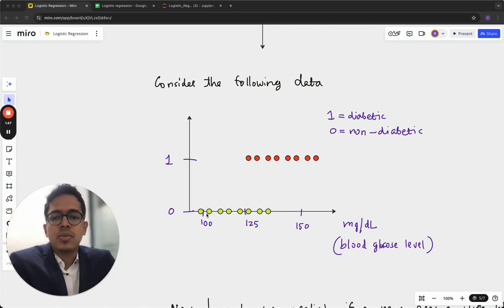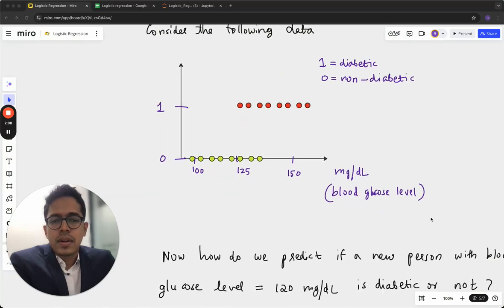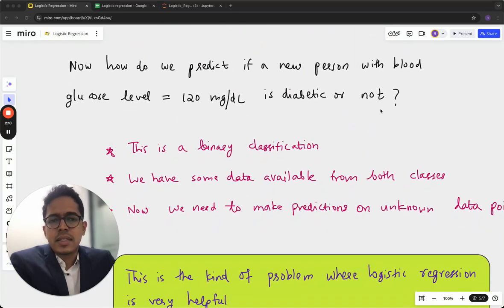And the task is to classify whether that person belongs to the diabetic or non-diabetic category. So this is a classification problem where you have to train a model from the given data so that for future data points which are not part of the training, you can make accurate, meaningful predictions.